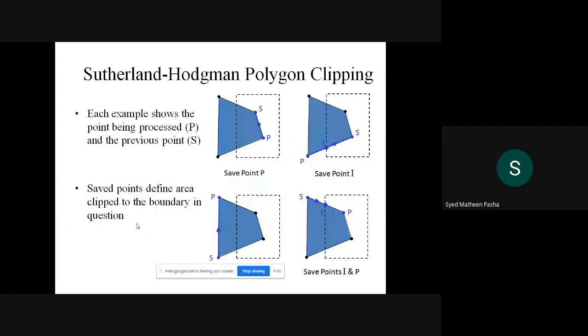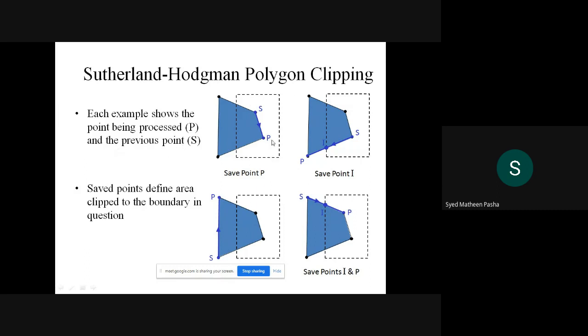So if the example is asked for Sutherland-Hodgman polygon clipping, these are some of the examples here where the points are towards right, left, and all. So check out the examples. Each example shows the point being processed and the previous point.